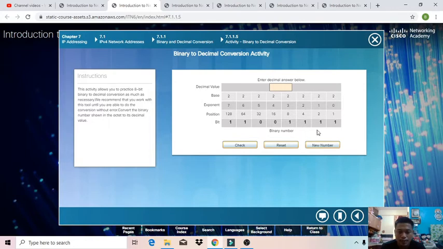So let's compute. 1 plus 2 equals 3, plus 4 equals 7, plus 8 equals 15. 15 plus 32 is 47, plus 64 is 141, and plus 128 is 269.